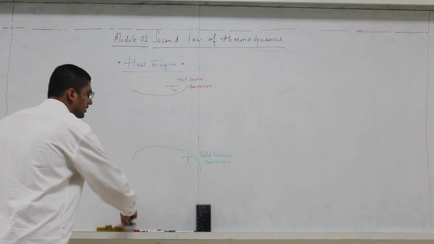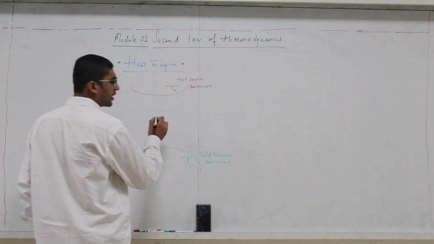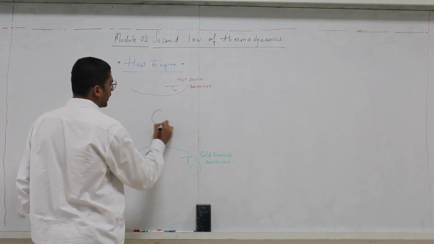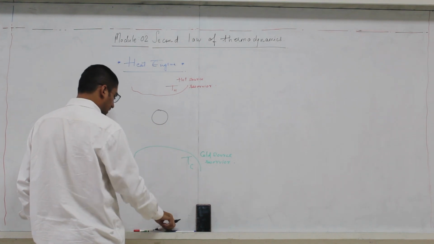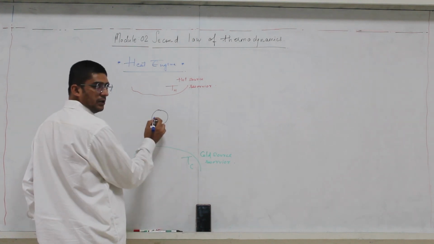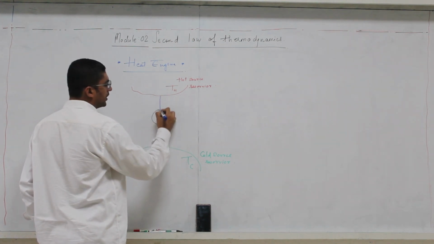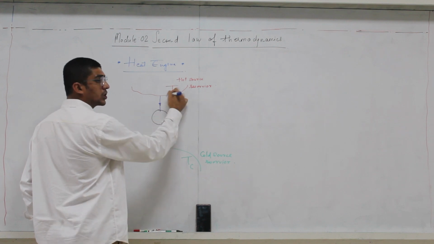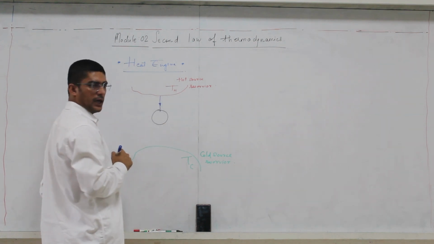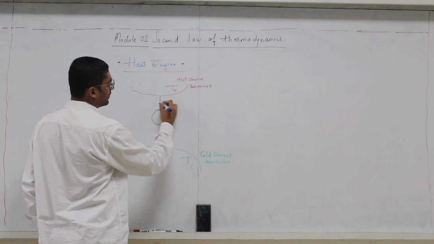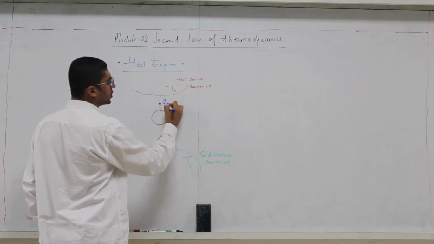Now in between these, if you try to construct a machine such that it absorbs heat from the hot source reservoir, let us take the heat absorbed as QH.